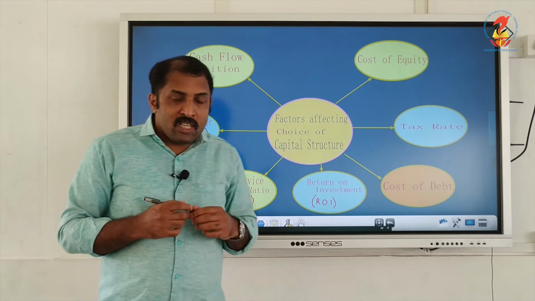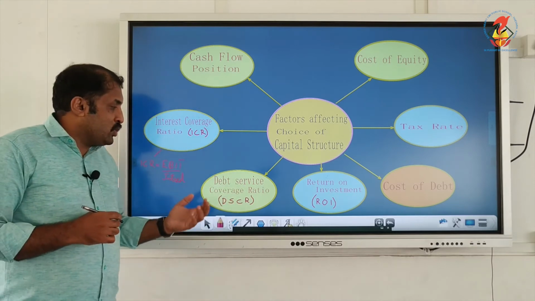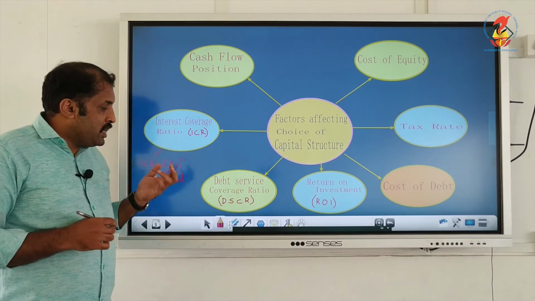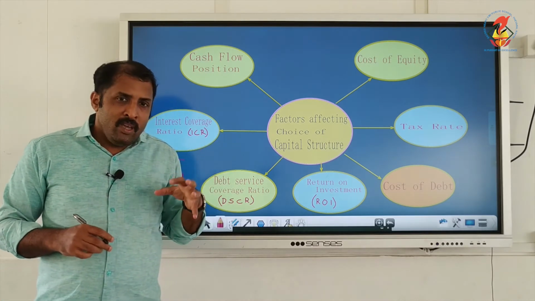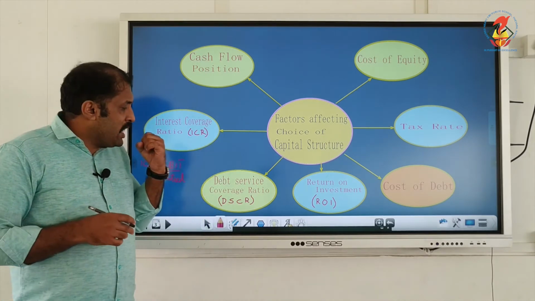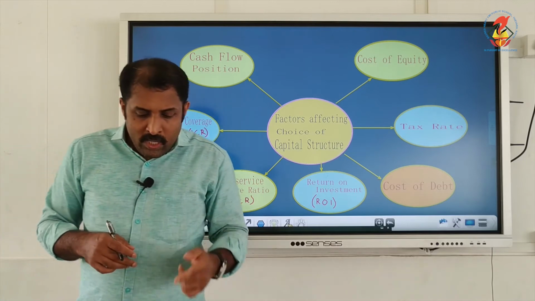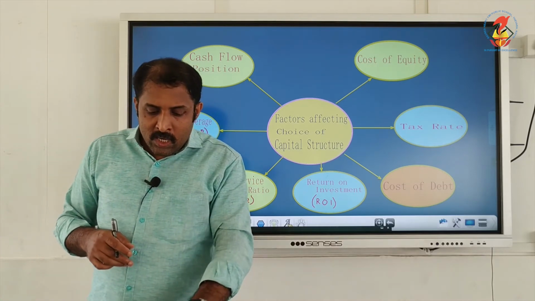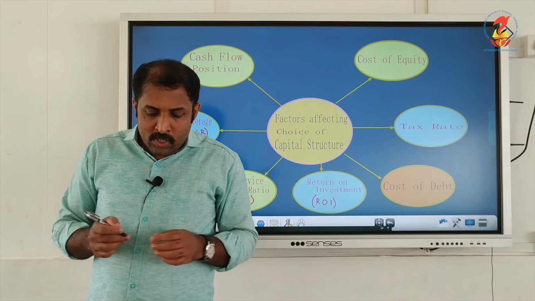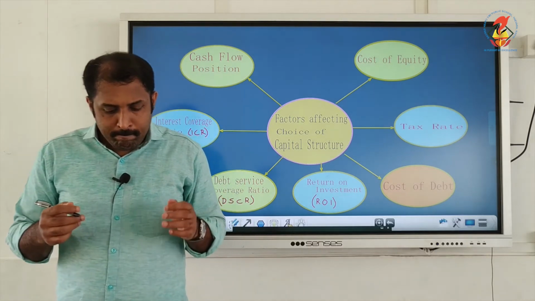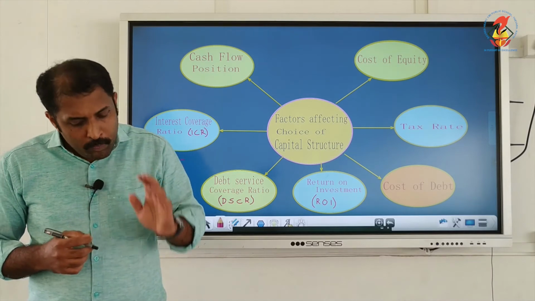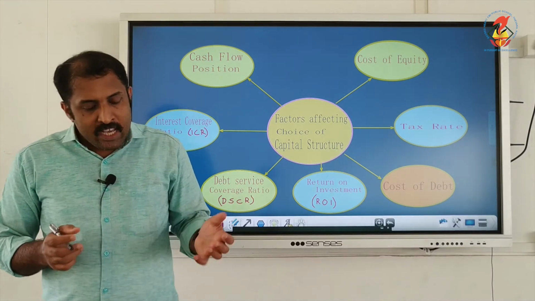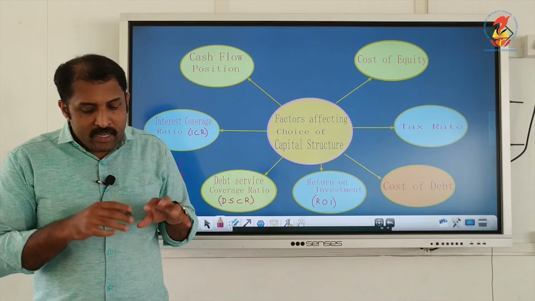Again, the debt service coverage ratio, DSCR. It is a calculation whereby we try to find not only the interest, but the total cash required for paying debt as well as for preference capital.